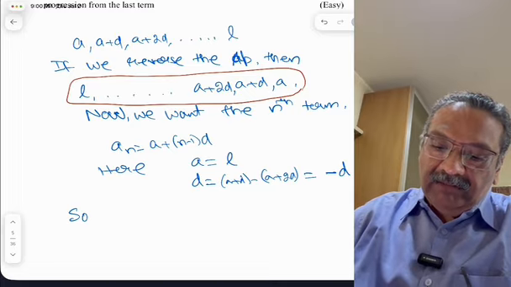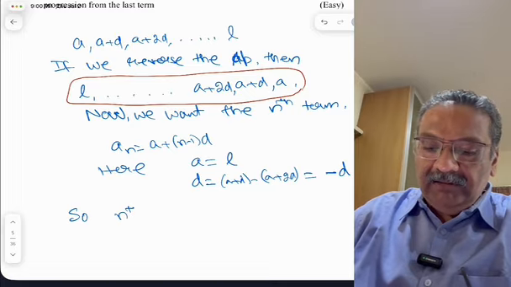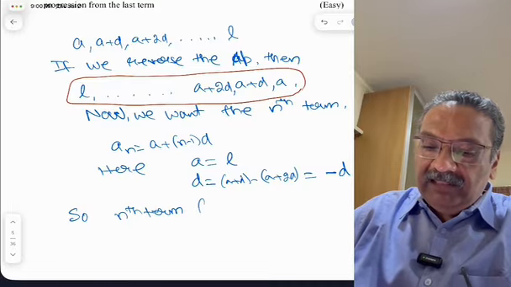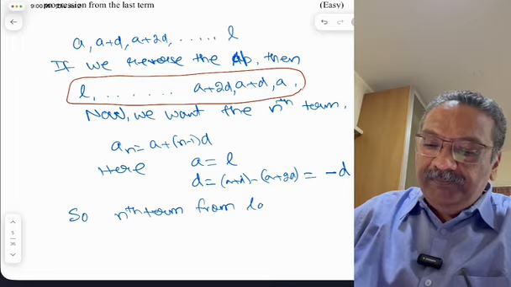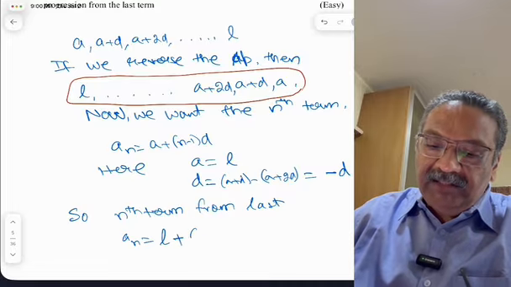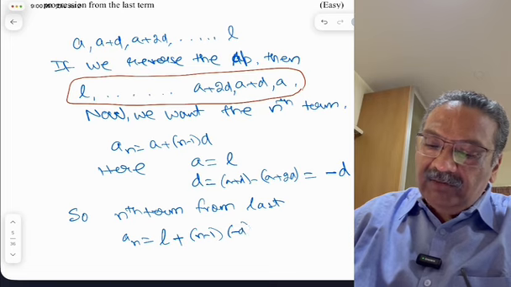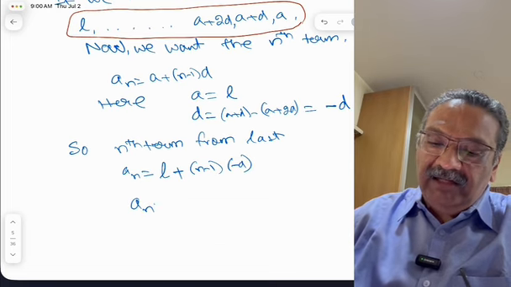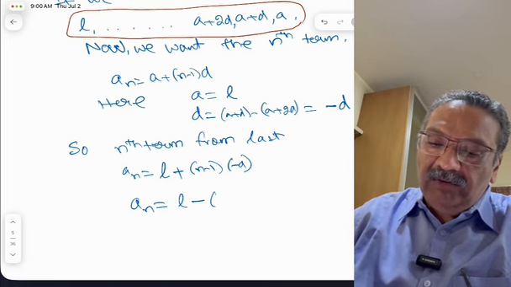So the nth term from the last becomes an is equal to L plus n minus 1 into minus d, or an is equal to L minus n minus 1 into d.